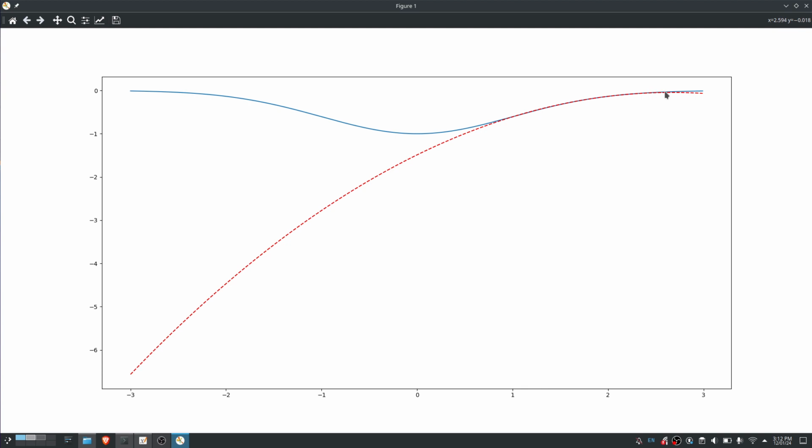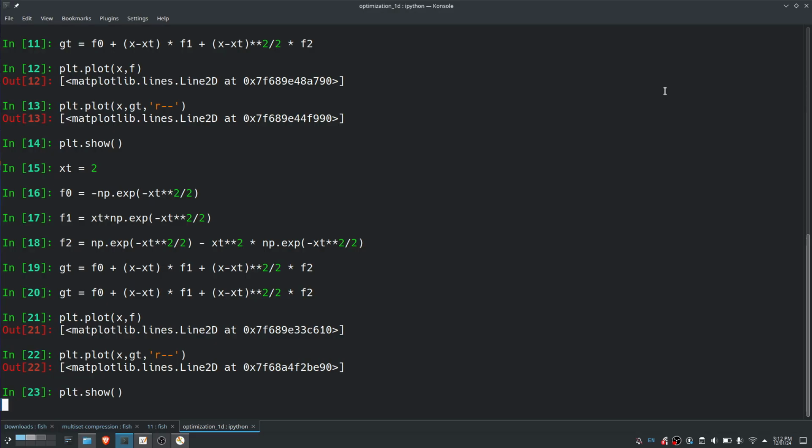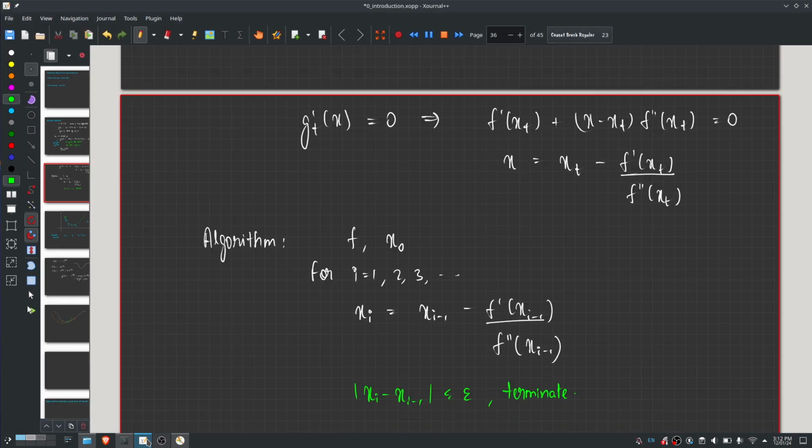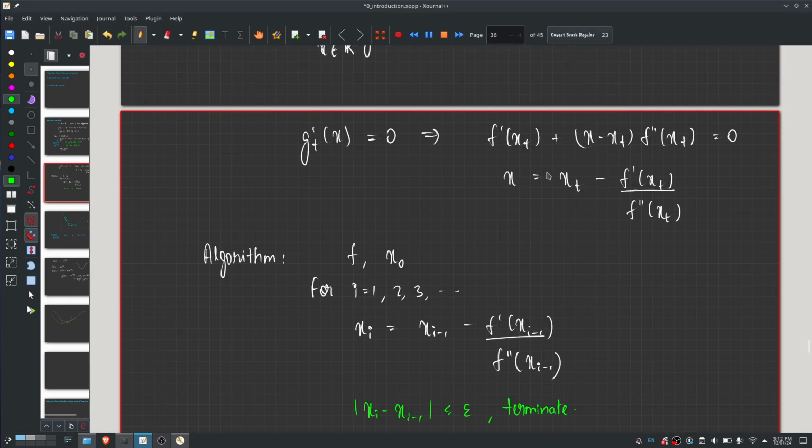So you're not moving in the direction of the gradient. In fact, this new xt, so xt minus the derivative divided by the second derivative, would actually be the point of maximum of the red curve. But since the second derivative is negative, you will actually be moving in the opposite direction to that of the minimum.